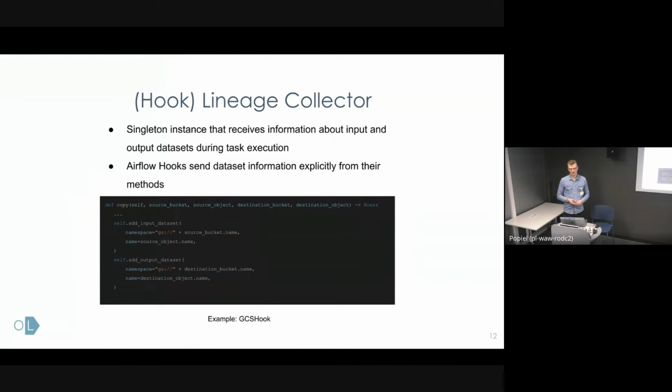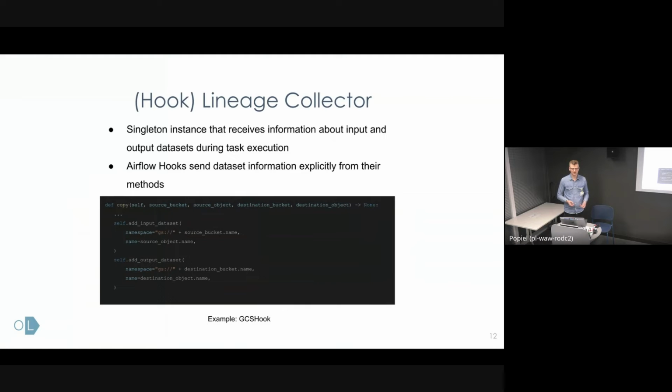But this is still not ideal. It helps, but we still need to find places and define some explicit calls to send such information. So for example, in the GCS hook, in the copy method, we could add such calls to add input dataset and output dataset.